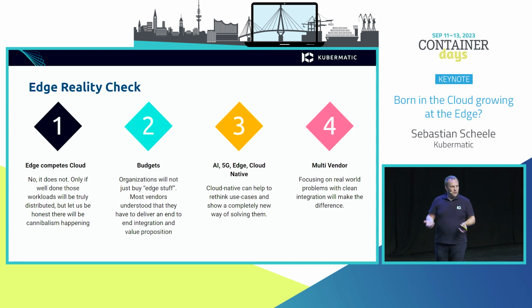Now, a lot of new terms are coming out, like AI, 5G, at the edge, cloud native. Cloud native can really help to rethink the use cases. In a lot of cases, some of the stuff already exists, like smartphones have been out there for years, and IT has already been in production for years.